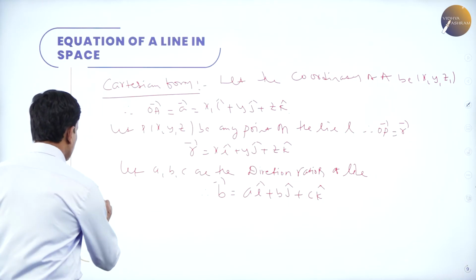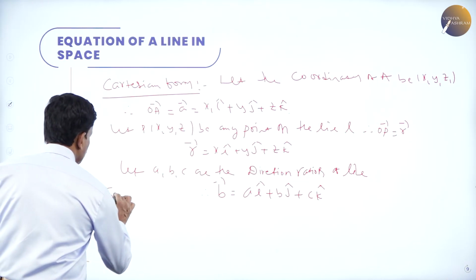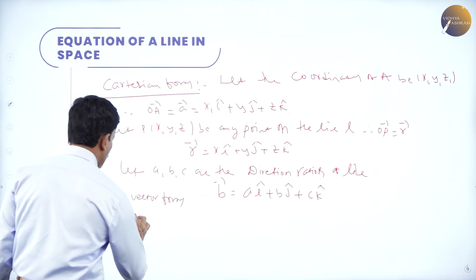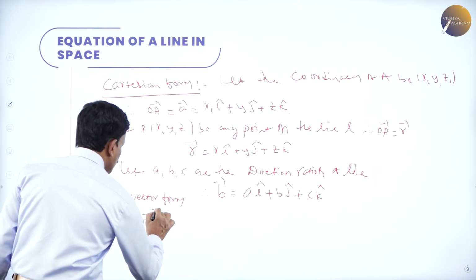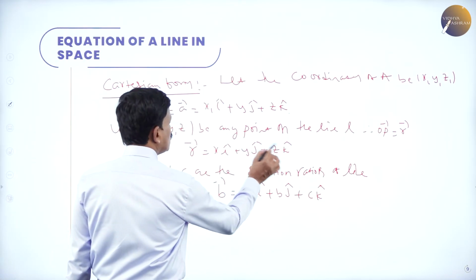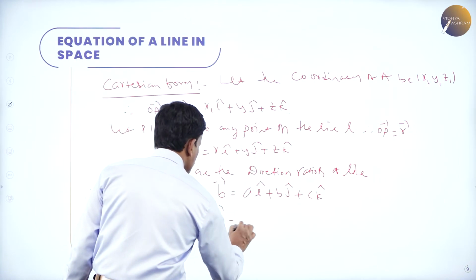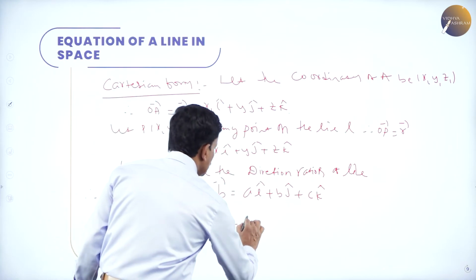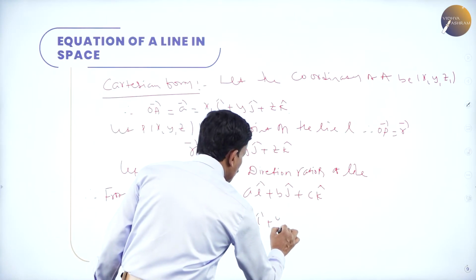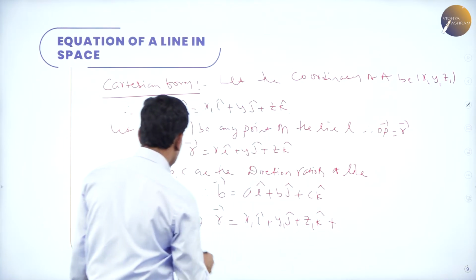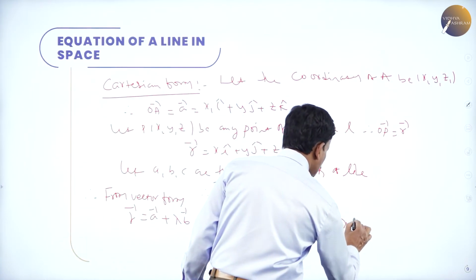Now from the vector form, r = vector a + λb. What is vector r? Vector r equals a, and a is x1i + y1j + z1k, plus λ into vector b.